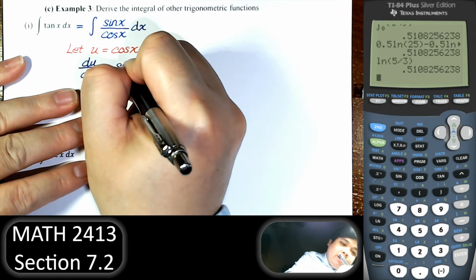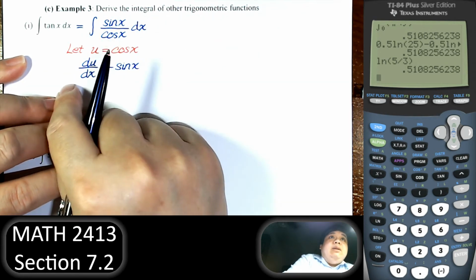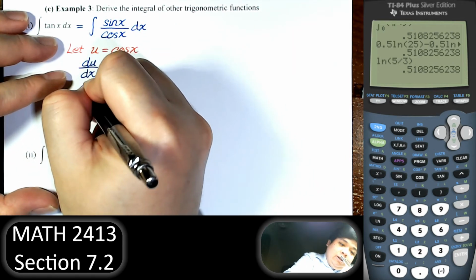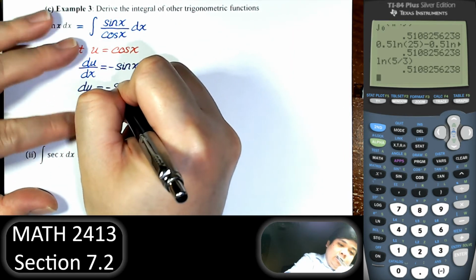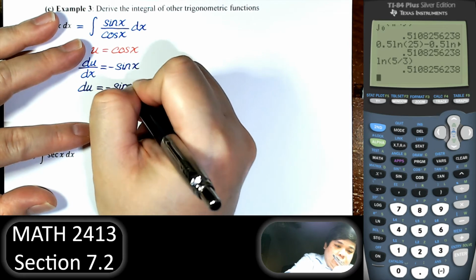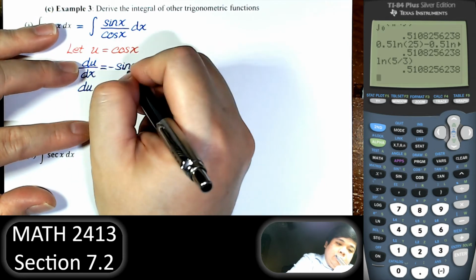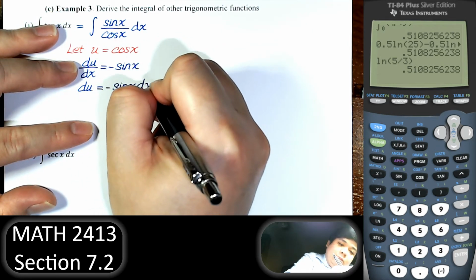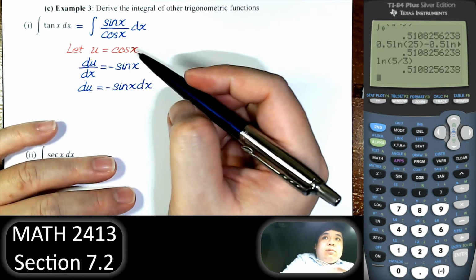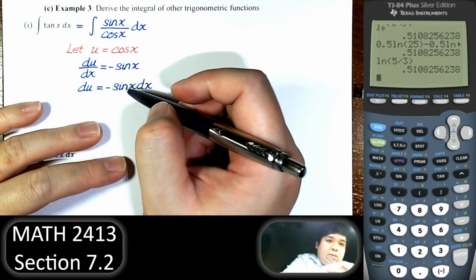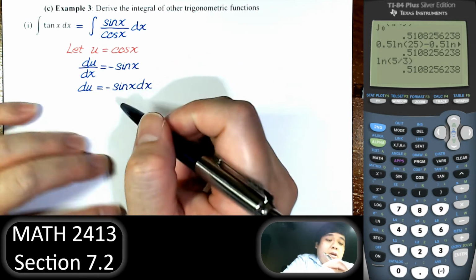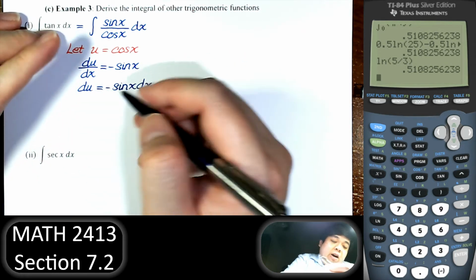Negative sine x, and move the dx over, and then divide by negative sine x.